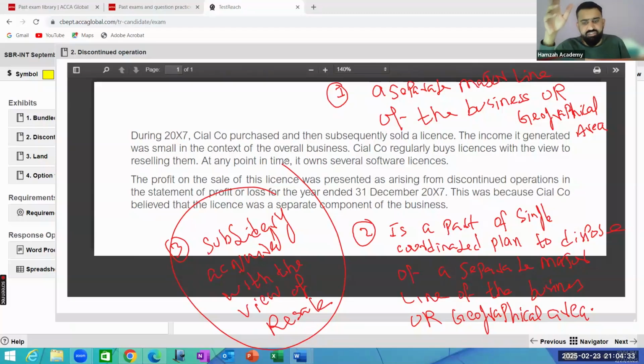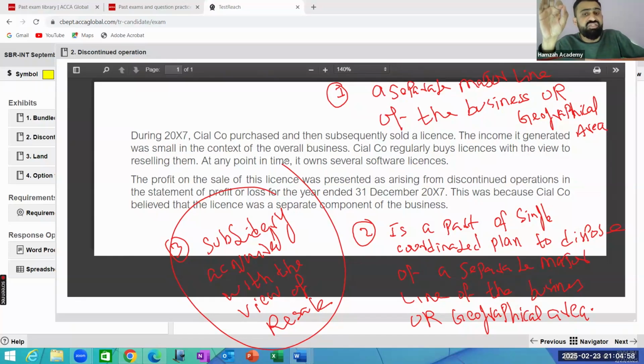So, restating the definition, a discontinued operation is a component of the entity. That component of the entity means again a reportable segment, operating segment, or maybe a multiple cash generating unit or a cash generating unit. And that component has been disposed of or has been classified as held for sale.